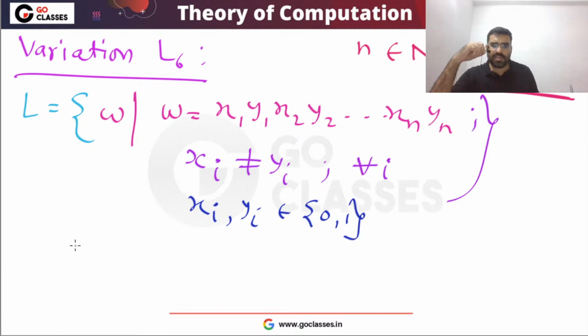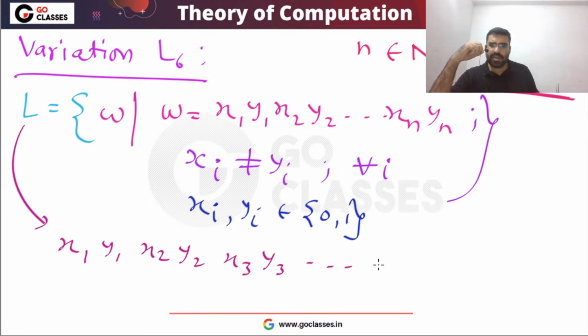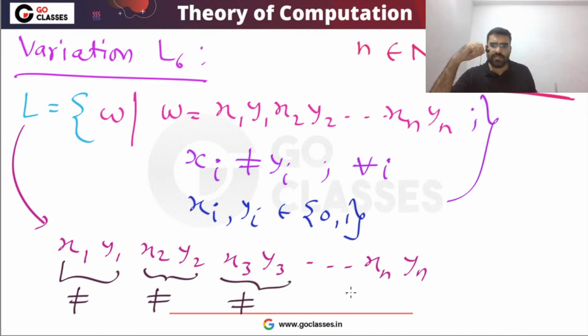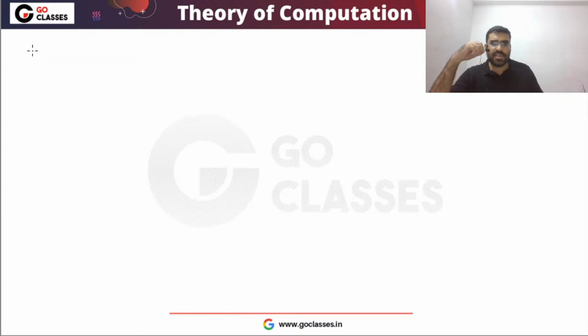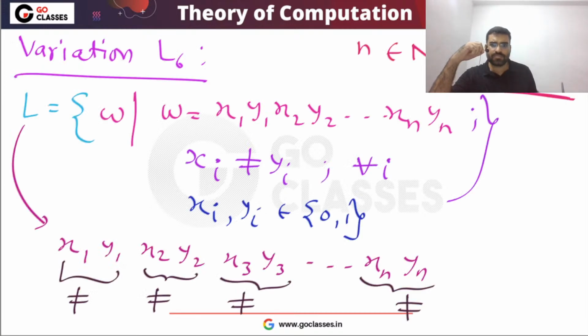In this language we have this type of strings: x1 y1, x2 y2, x3 y3, and so on, xn yn, where xi is not equal to yi in each pair.